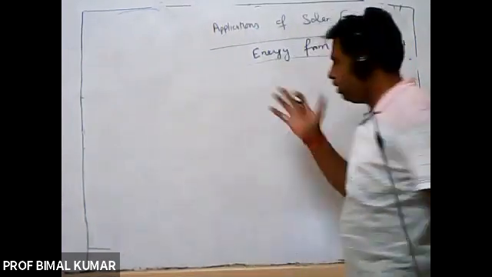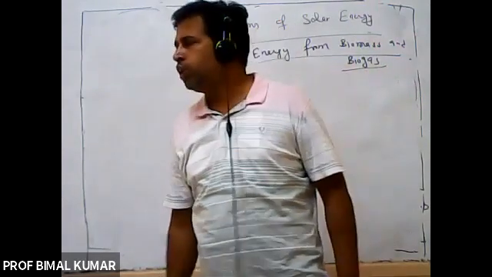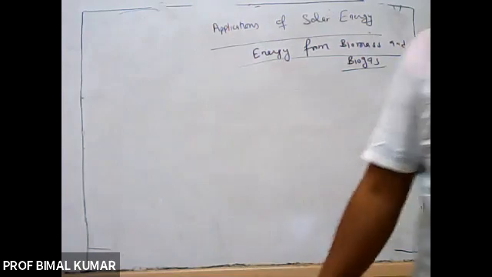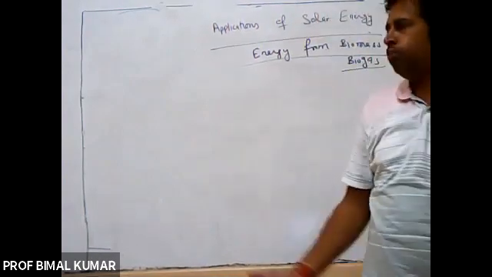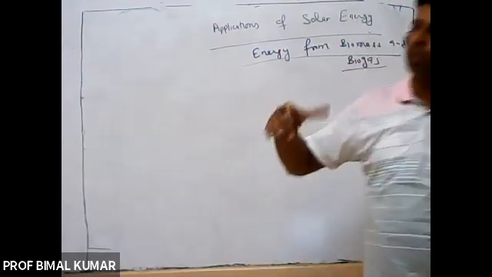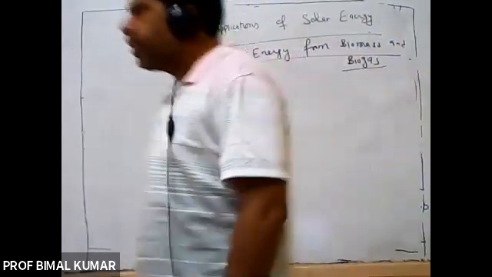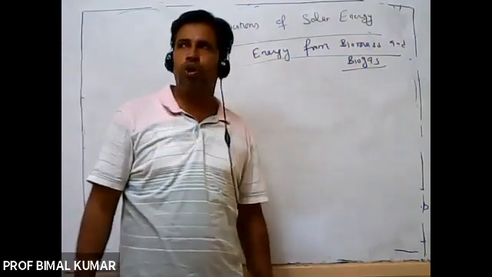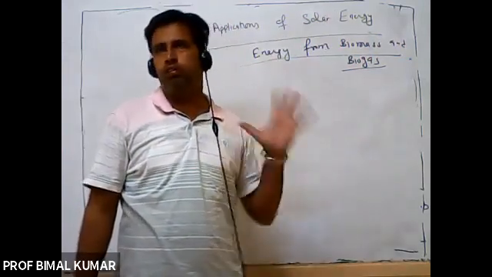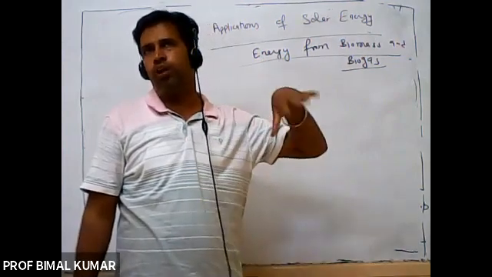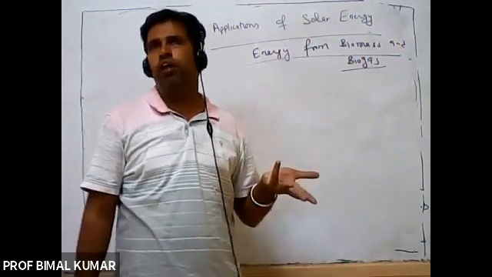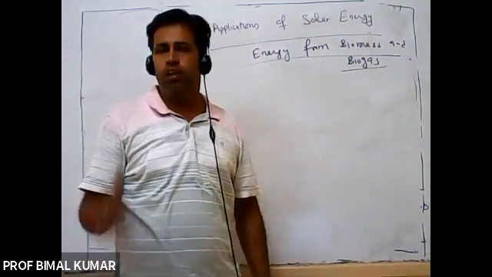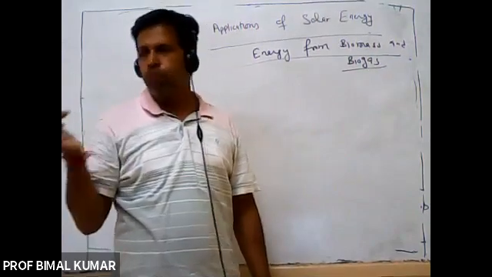These may be used in the presence of solar radiation, with the help of which we are able to convert biomass or biogas into another form of energy, and that form of energy may be used to rotate the turbine. That turbine is further coupled with the alternator or generator. When the alternator or generator rotates, this causes production of electricity.